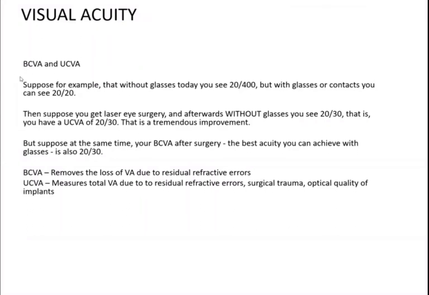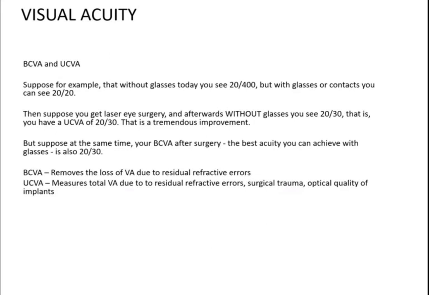Uncorrected visual acuity is going to be inclusive of any refractive errors that happen due to the selection of the lens, due to calculation, due to measurement errors. That is all included in the uncorrected visual acuity.